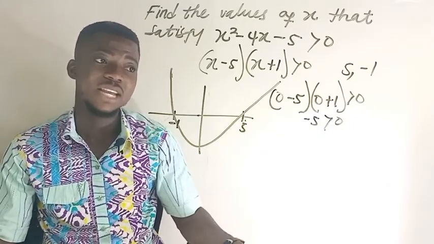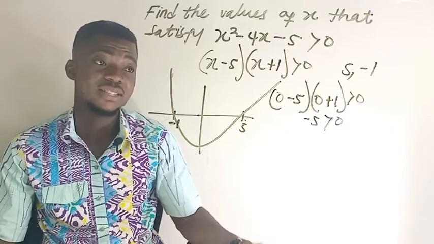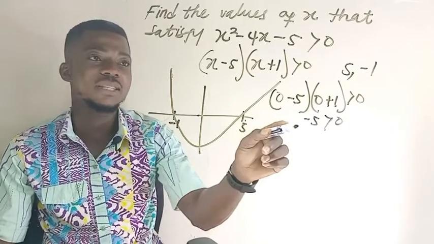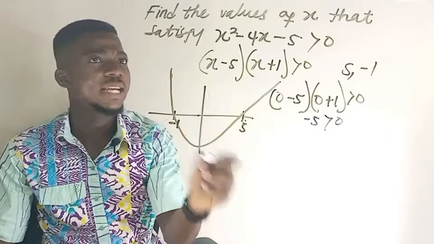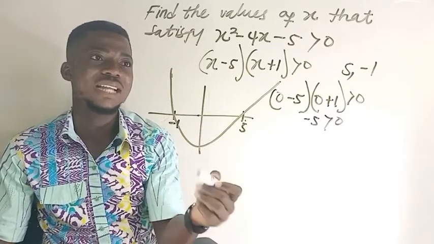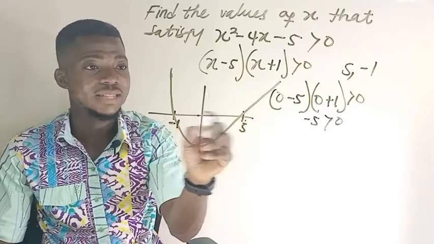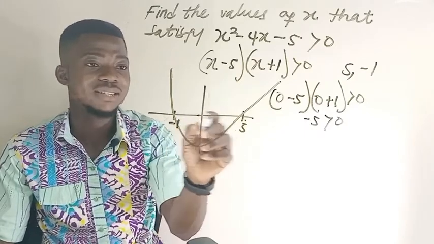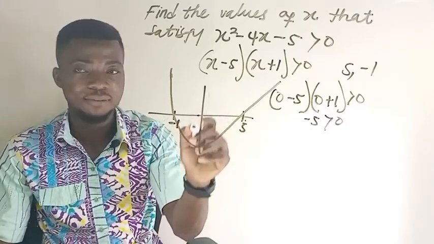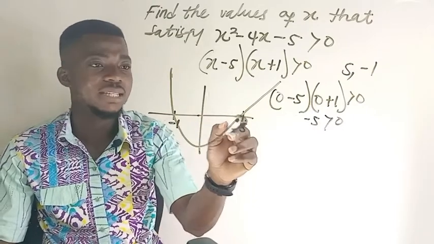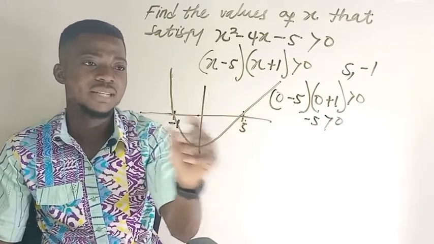That's a false statement. -5 is not greater than 0. It's less than 0. Because the statement is false, it means that the range of values that satisfy this inequality do not lie between these endpoints. They don't lie in the curve. They are outside the curve.